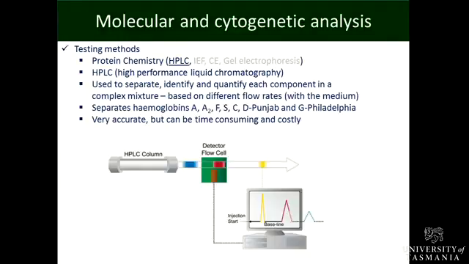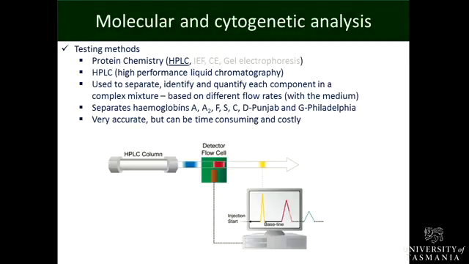So the first thing, which has been around for so long, is protein chemistry, or high performance liquid chromatography. It's been used since the 50s or even earlier to identify a whole range of different diseases and disorders.